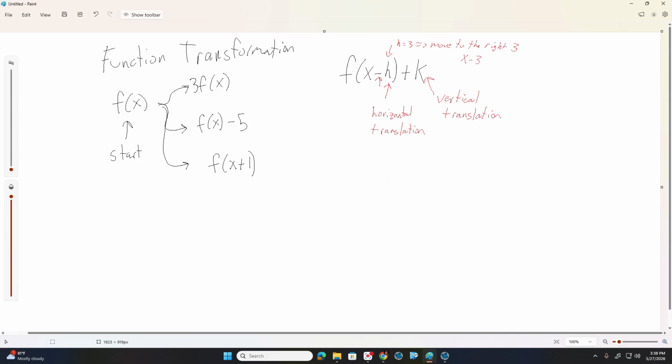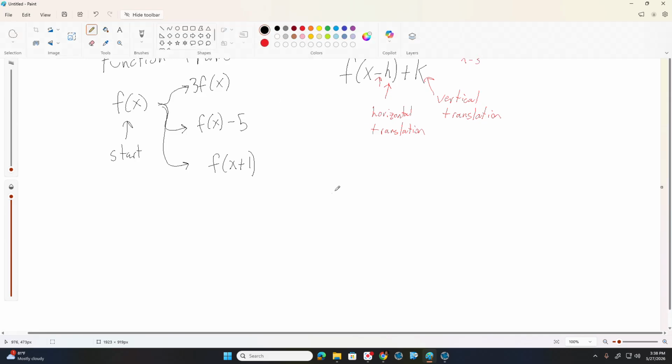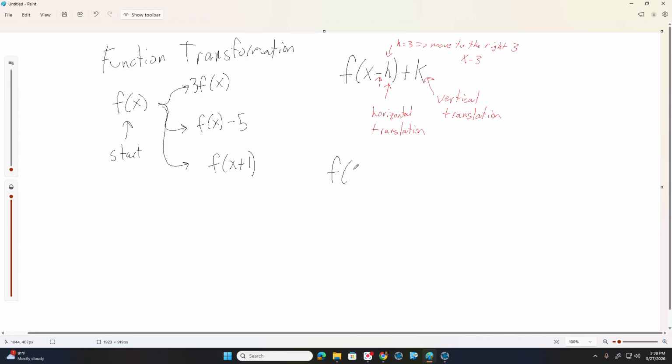So, just as a quick demonstration, let's talk about a function that we haven't seen. Let's say that f of x equals 1 over x. And I'll give you a hint that it looks like this with some asymptotes. Sorry that my drawing surface got curved. Now, what is this going to look like?